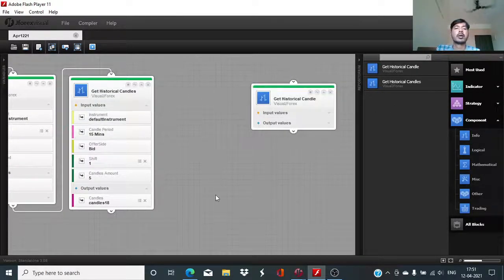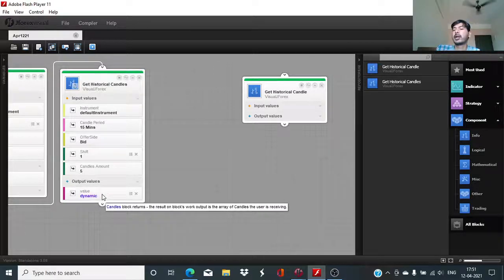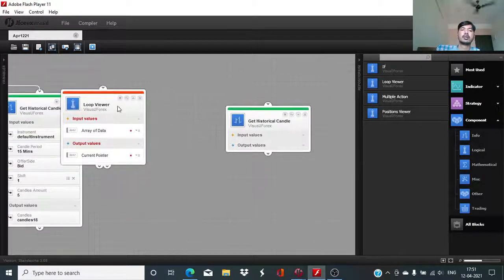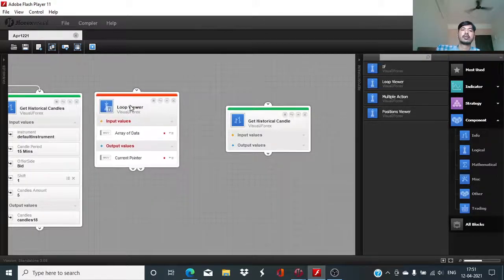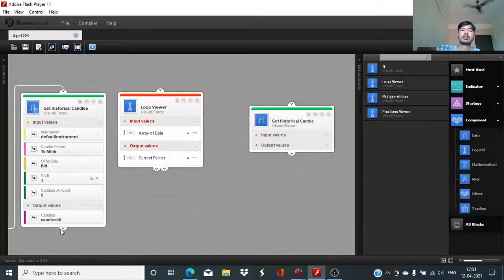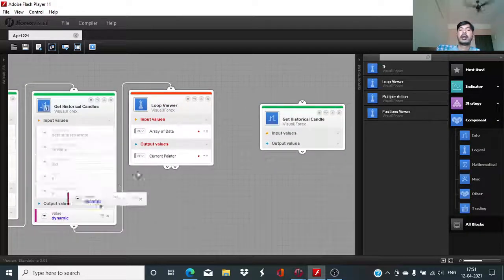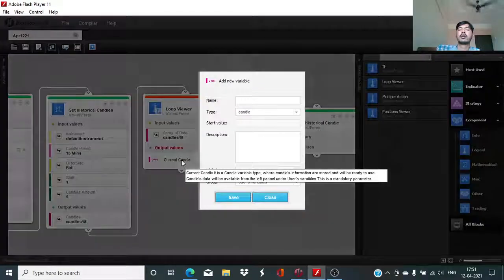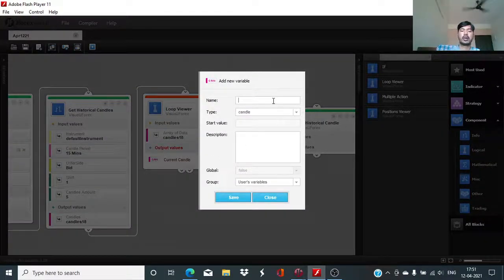And to retrieve the individual variables, we will need a loop viewer. Here it is. This array of data can be fed in, and we will be able to then retrieve individual variables.